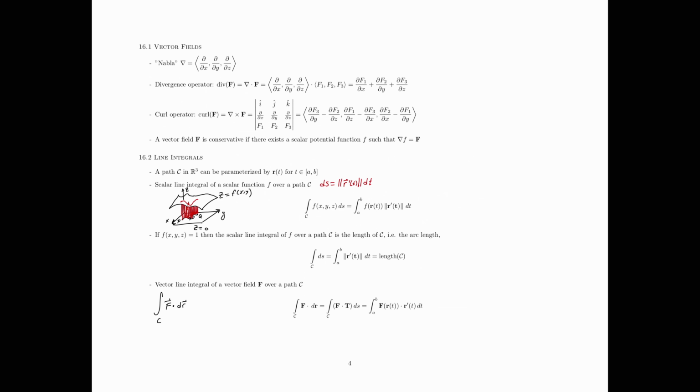F dot dr. What's the definition? The definition of a vector line integral is this. So they're defining a vector line integral in terms of a very specific scalar line integral.